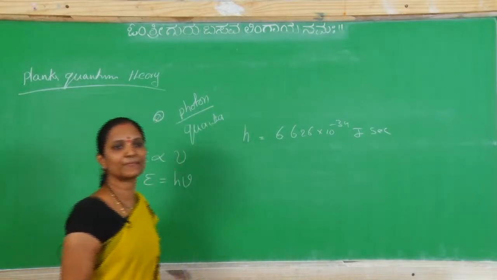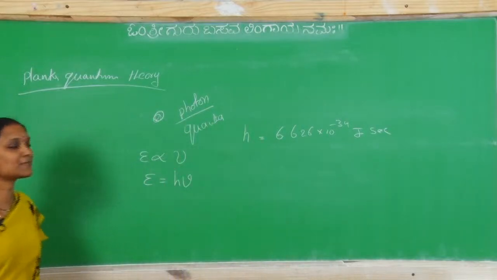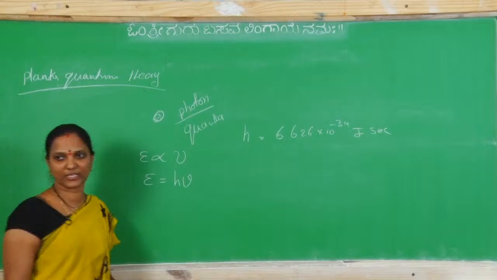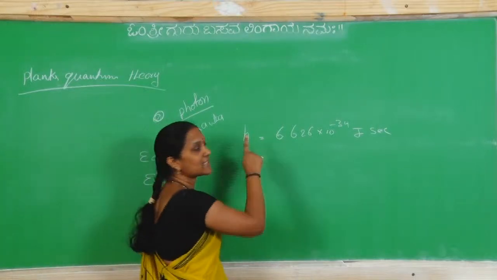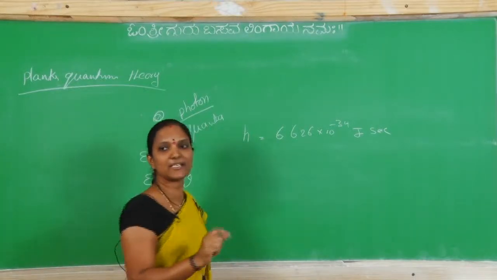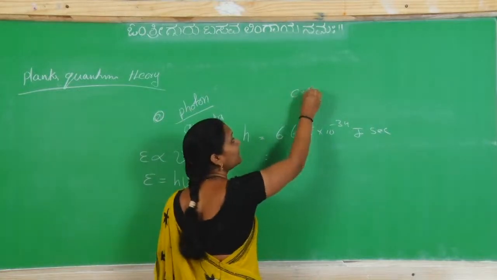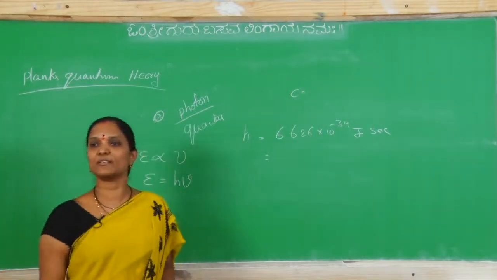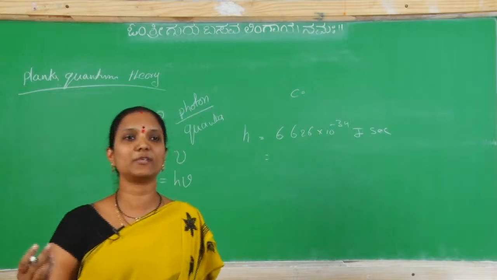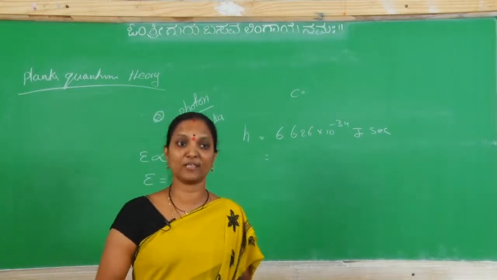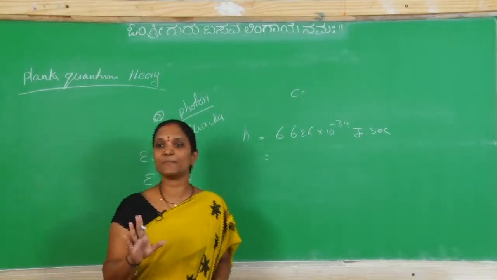Avogadro's number is 6.023 into 10 power 23. Planck's constant value is 6.626 into 10 power minus 34 joule second. What is the velocity of light? Velocity of light is constant, 3 into 10 power 8 meter per second, or 3 into 10 power 10 centimeter per second.